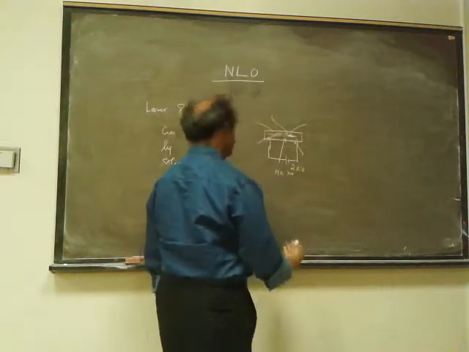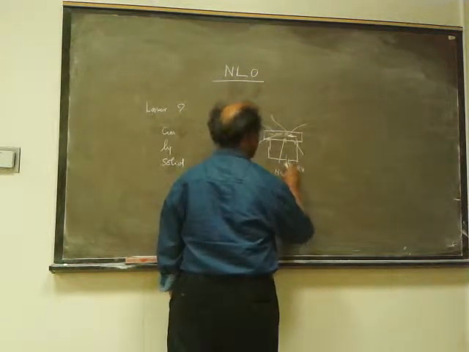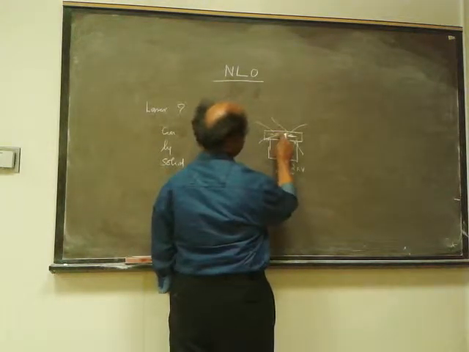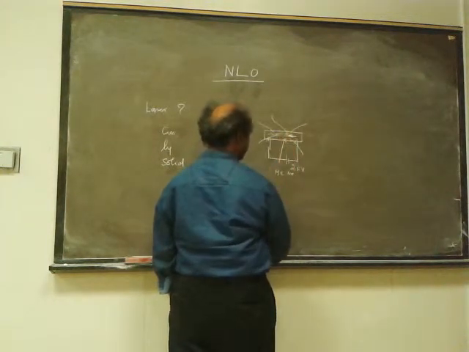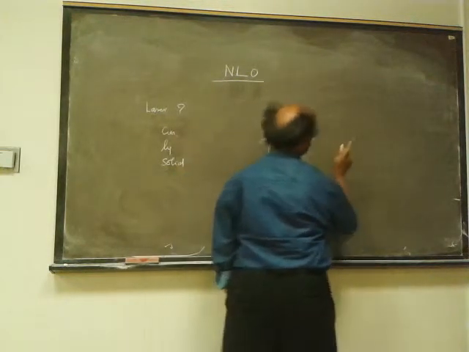Then, what do we do for laser? Next step is, you produce intense excitation so that you produce population inversion in neon atom. This is done by a simple process.